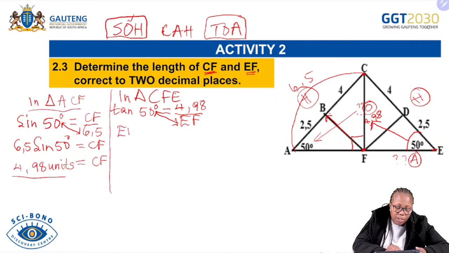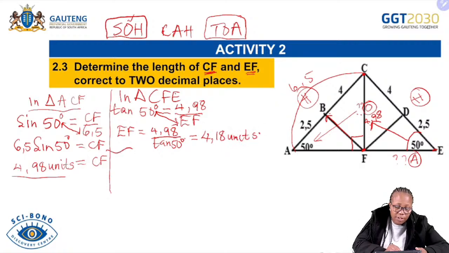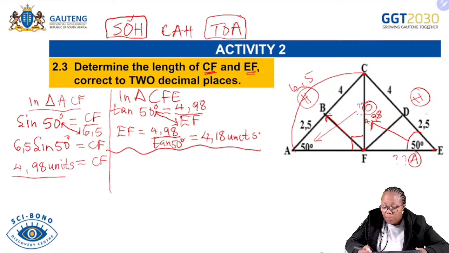Then it will be EF is equal to 4,98 units over the tan of 50 degrees. And then into your calculator, straight to the answer, we have the EF being 4,18 units. Alternatively, grade 12, another learner may see adjacent and hypotenuse because knows that this side is 6,5.